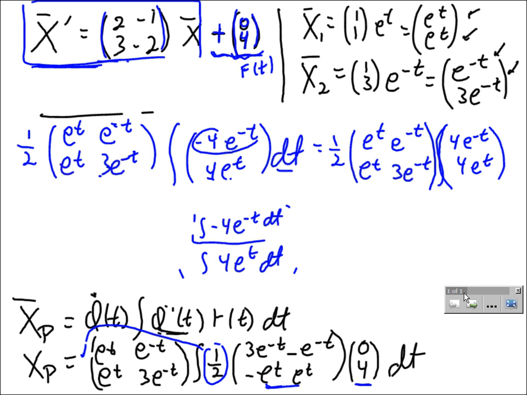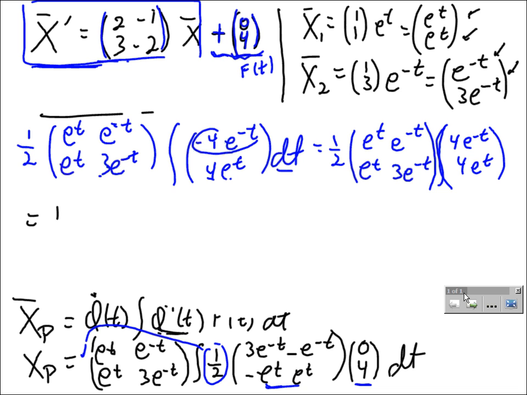So we're going to multiply the two matrices. Let's not lose the half that's in front. When you multiply this row by that column, you get 4 plus 4. And in the bottom, you get 4 plus 3.